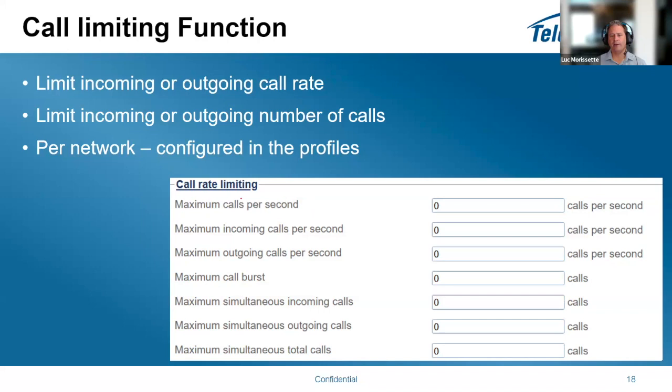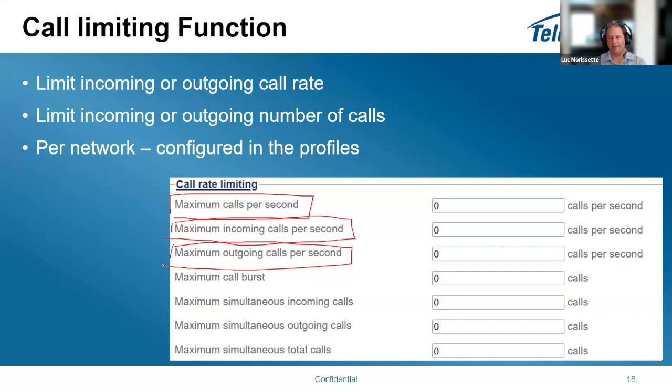Maximum calls per second, that will be total over that network. Maximum incoming calls per second for that specific network. So let's say you don't want someone to send you more than 25 calls per second. You can force here 25. And if there are more calls than that, the other calls will be refused. You can also limit the number of outgoing calls going to a specific network.